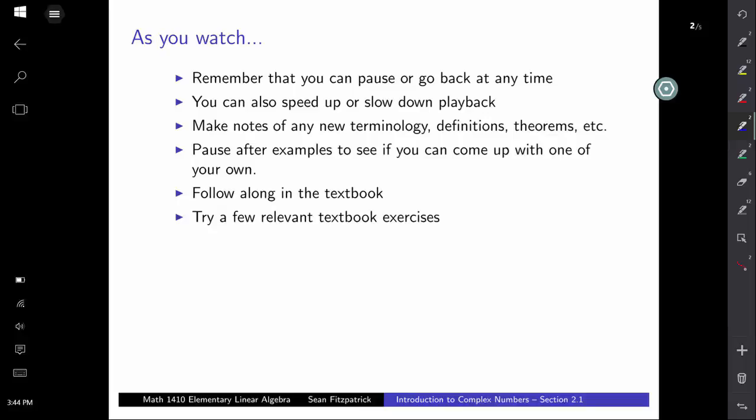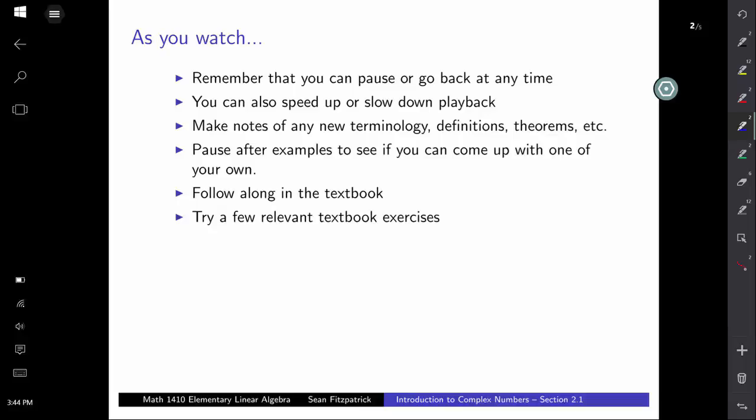And it's a good idea to stop anytime you encounter a new concept, make a note of it, and keep track so that you're familiar with it. Make a note of anything you didn't quite understand the first time you saw it, because often you've got to look at things 2, 3, 4 times before it really starts to sink in. One of the ways you can do that is to see it in various different ways.